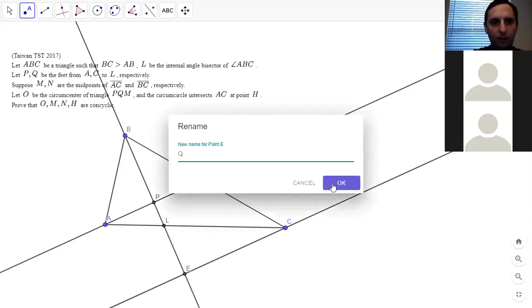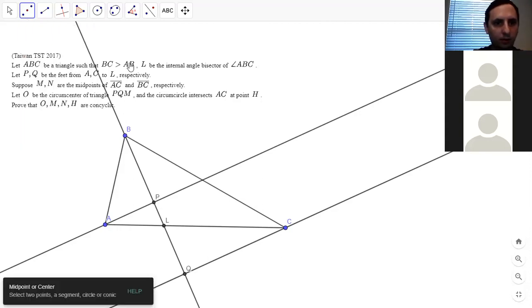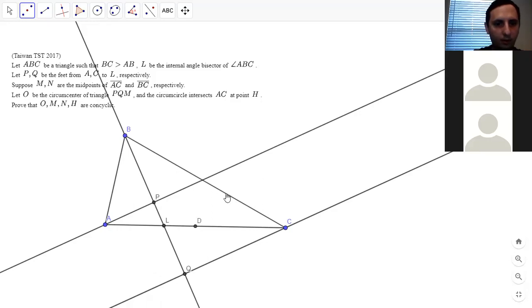And then M and N are the midpoints of AC and BC. Wait, that's weird. I guess it's not symmetric then, if that's how it is.